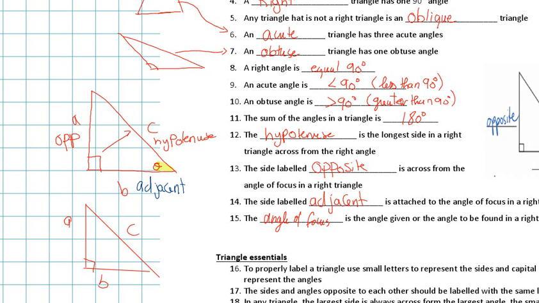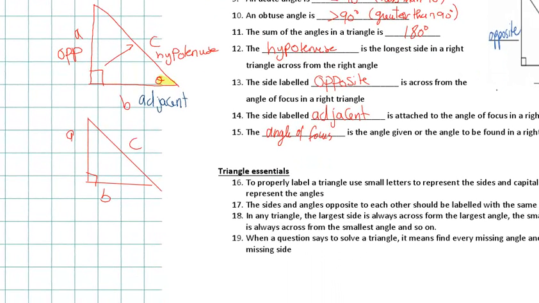Now, I gave you another triangle. This is your angle of focus. Name the sides for me. Which one is opposite, which one is adjacent, which one is the hypotenuse? Which one is the easiest one to start with? Hypotenuse, which is what? C. Good.